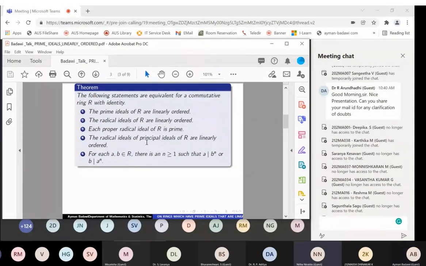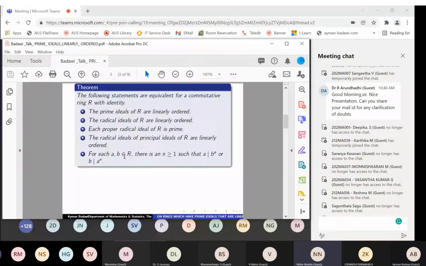For me, condition 5 is my favorite, because it gives me a divisibility condition to check. Whenever you have two elements A and B in R, there should be an integer n where A is a factor of B to the n, or B is a factor of A to the n. And n here definitely relies on A and B, not the same for all.